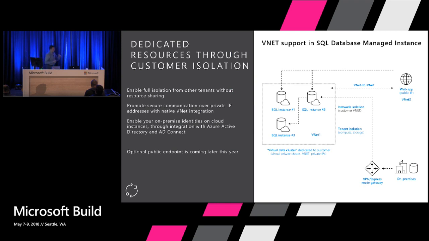Public endpoint is coming as optional, and it will mainly be there for easy testing, QA, and development. But the feedback that we are getting from customers is that they like very much the fact that it is isolated and protected at the networking level.